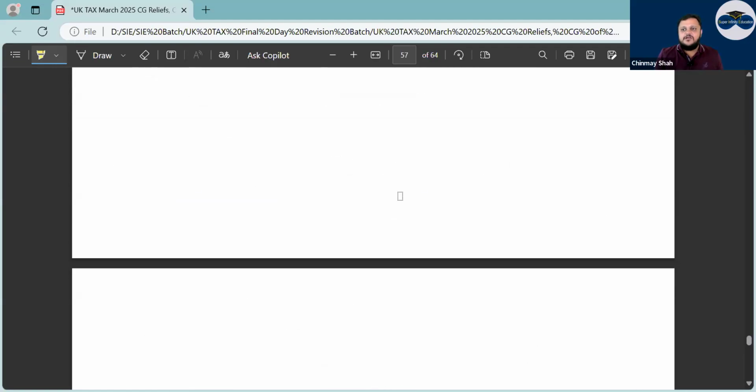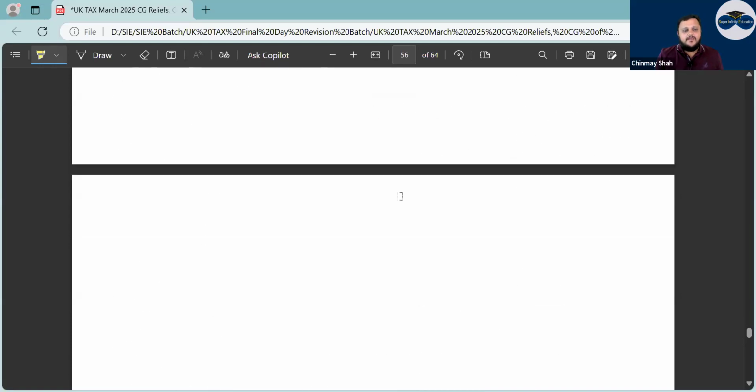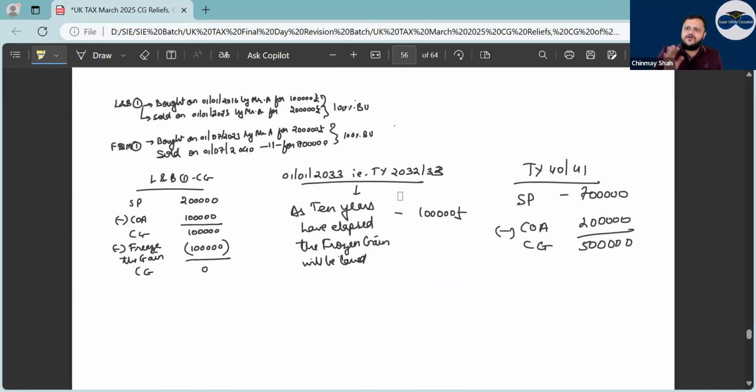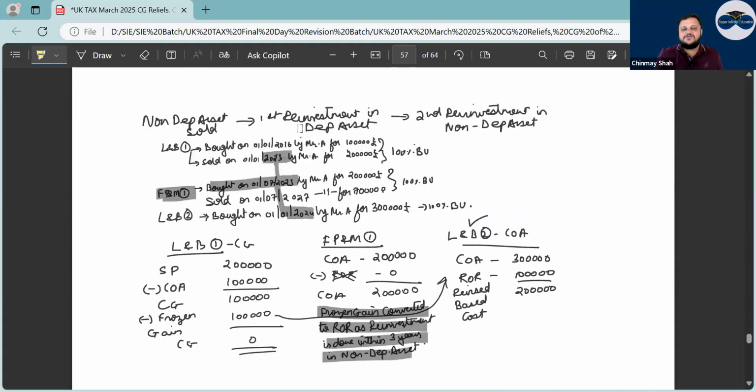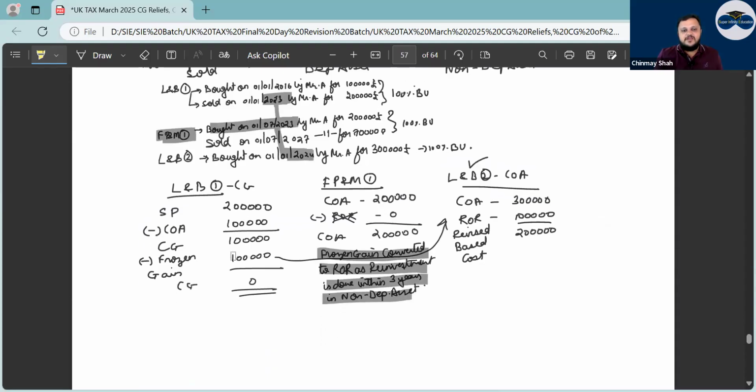Then, let's say, now what happens? You sold land and building, bought fixed plant and machinery, and you froze the gain, correct? But within the next 3 years, you also bought another land and building, correct? Then can this frozen gain be rolled over? Yes. Have a look. Non-depreciating asset, first reinvestment in a depreciating asset, and then second reinvestment. So what did I do? Here the gain was frozen.